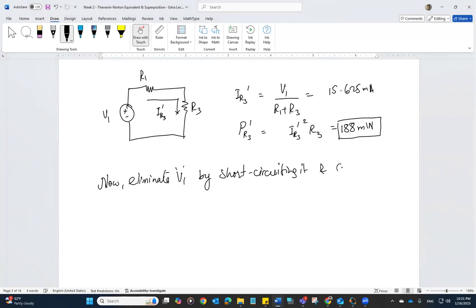And calculate the power contribution from the current source.